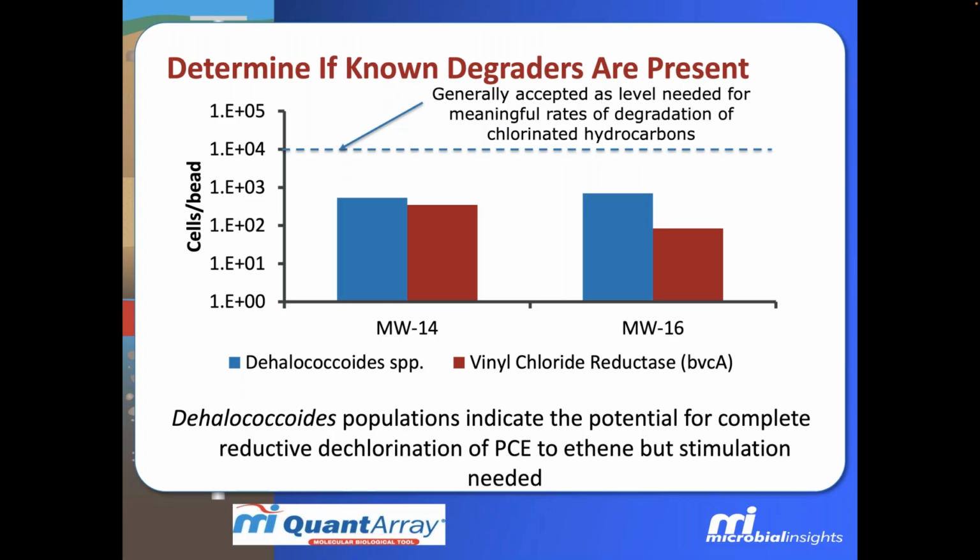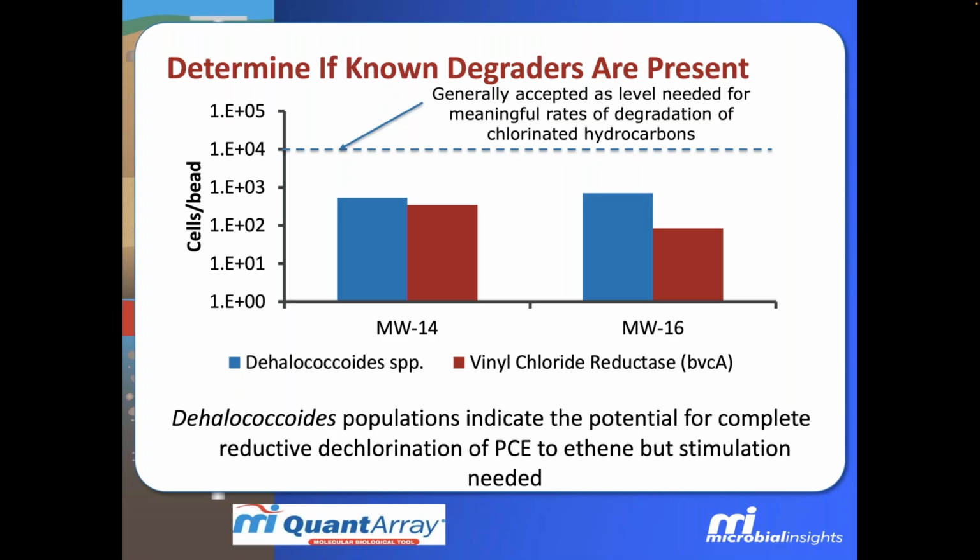So it's frequently a functional enzyme that we're looking for. Also marked here is the level of 10 to the fourth cells per bead, which is roughly equivalent to 10 to the fourth cells per milliliter of actively growing Dehalococcoides. That's generally accepted as the level needed for meaningful rates of degradation of chlorinated hydrocarbons.